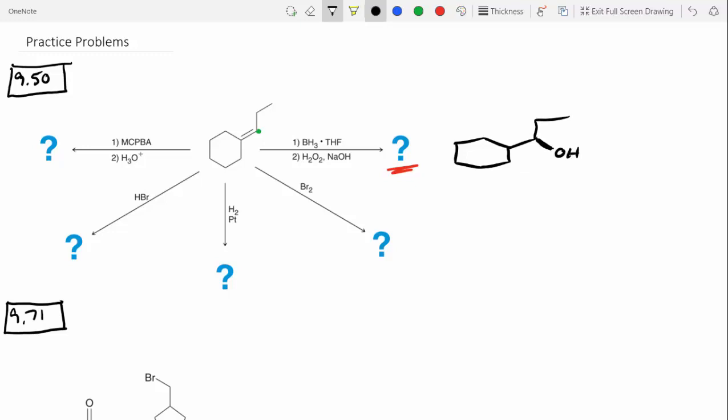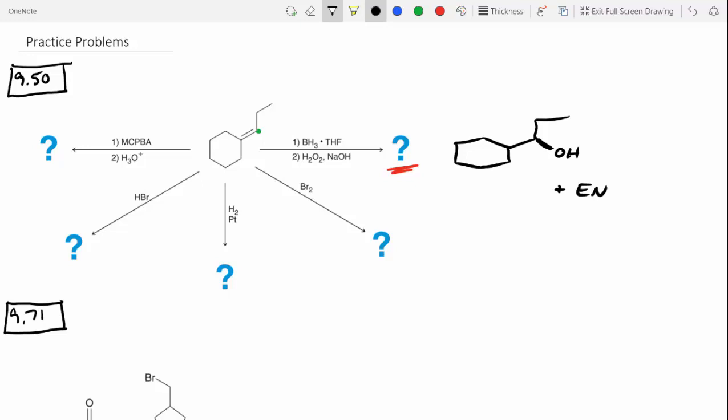Is this our only product? What would our other product be? Yeah, the enantiomer. So if we think about our other product, we could have one where that alcohol is a wedge or a dash. So we have to account for both of those. So for this reaction, we end up with a mixture of enantiomers.